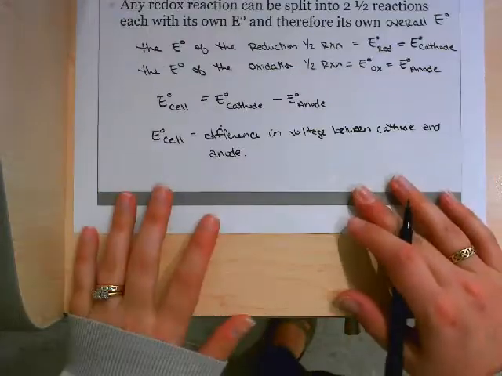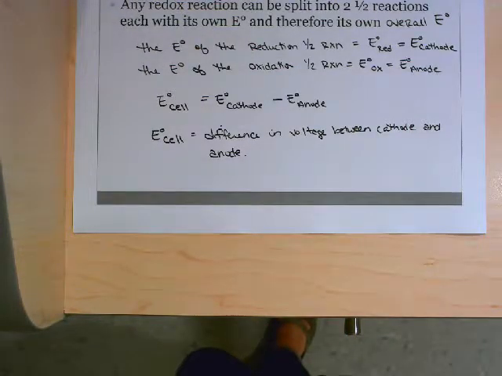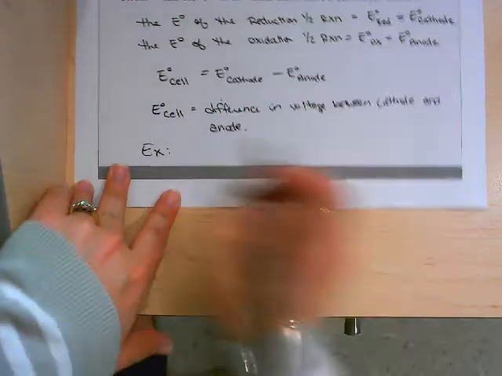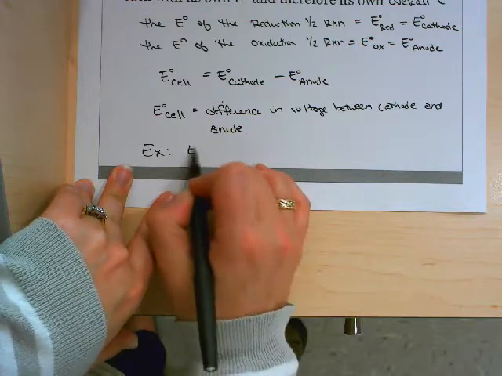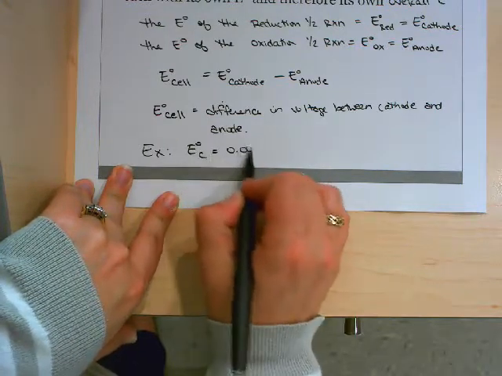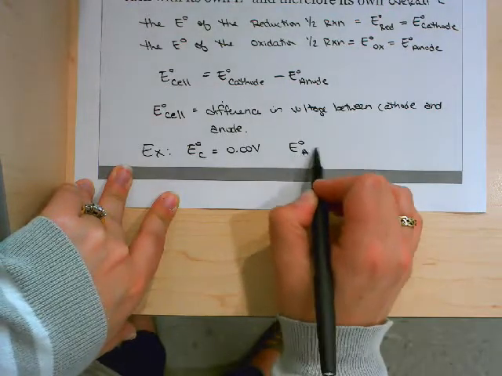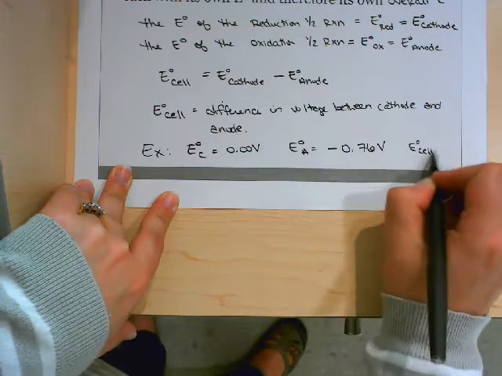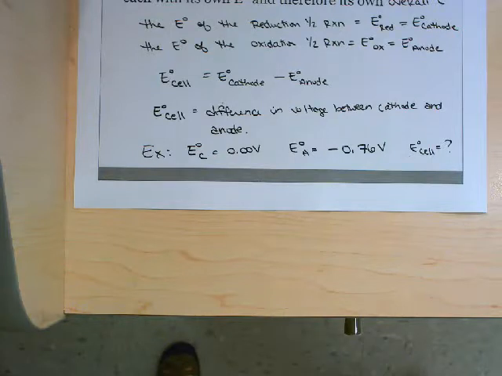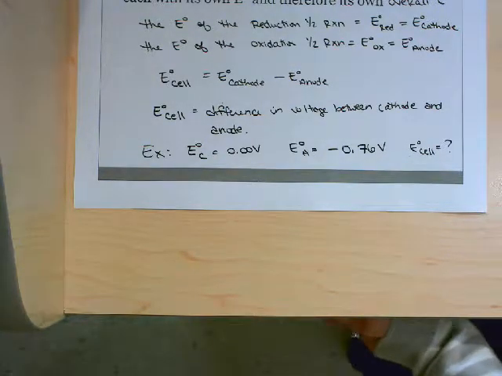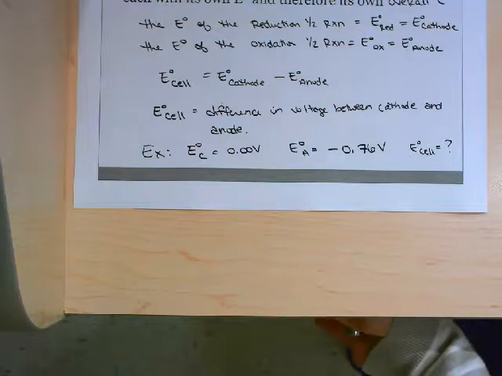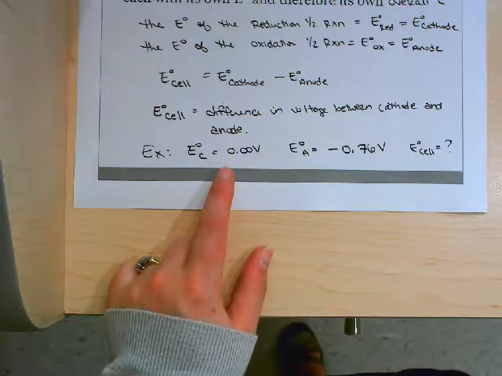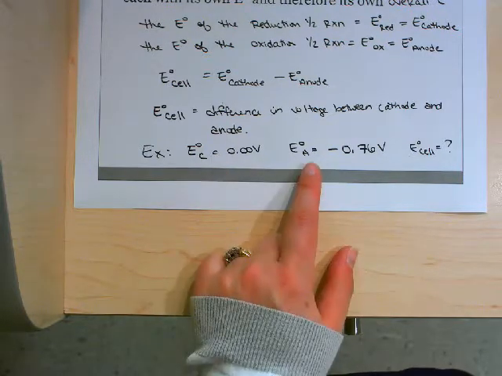Alright, so let's say I have 2 half cells. I want to figure out what is the overall E0 for the cell. I know the E0 for the cathode. I know the E0 for the anode.